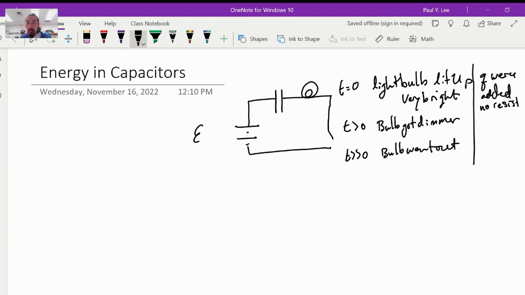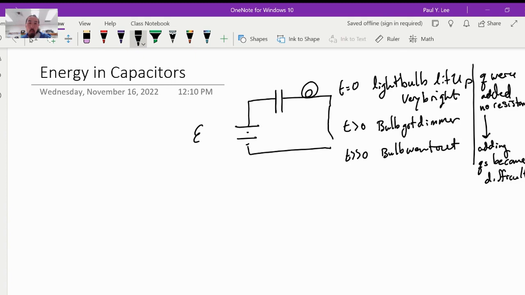So in the beginning, all the charges were added to the capacitor with no resistance, but then as time went on, adding charges became difficult. And we also discussed why this was the case.